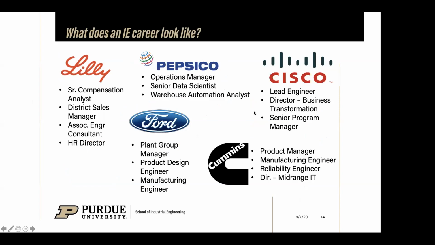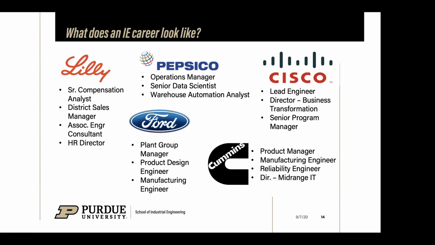There we go. These are the types of roles that our specific alumni have held at these companies. This is a range of experience levels, from new hires all the way through senior, maybe close to retirement.